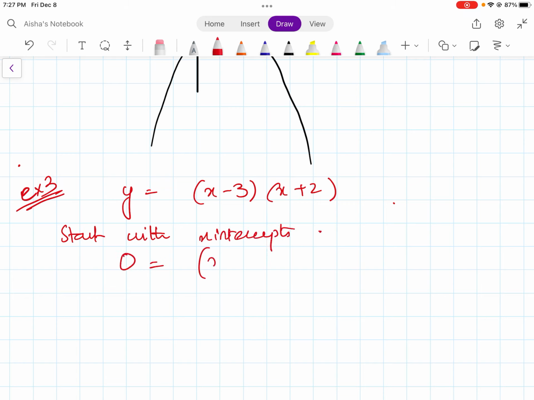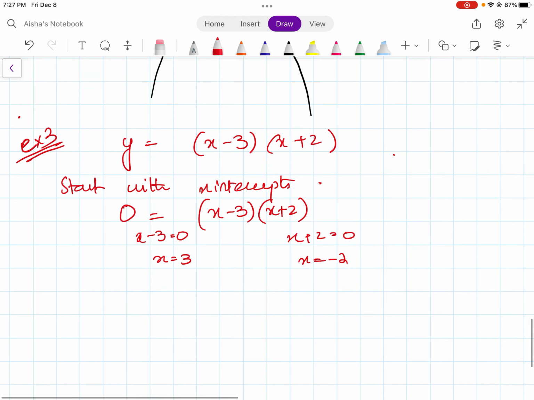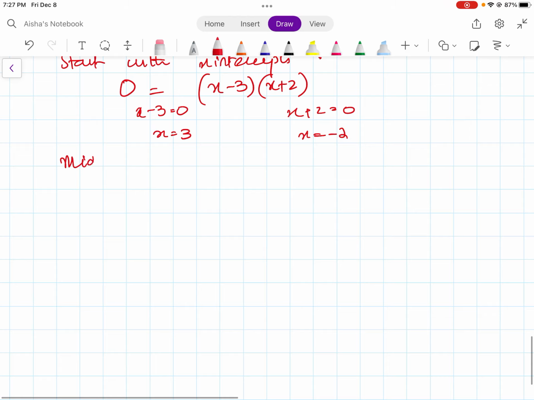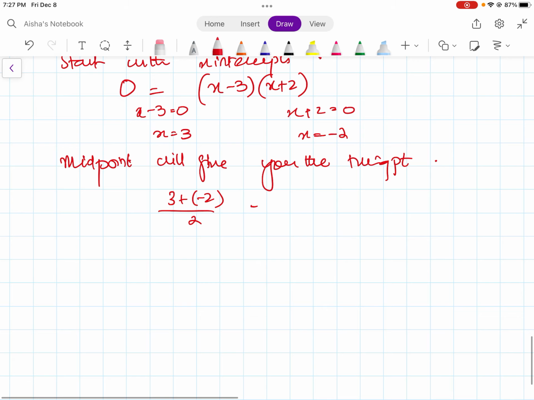So 0 is equals to... midpoint will give you the turning point. 3 plus minus 2 divided by 2 gives you 1 upon 2.